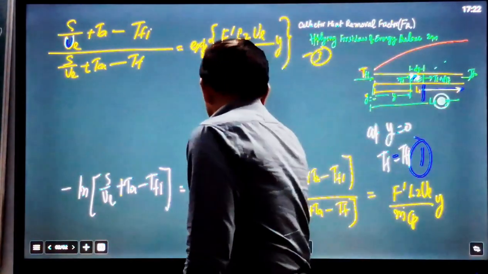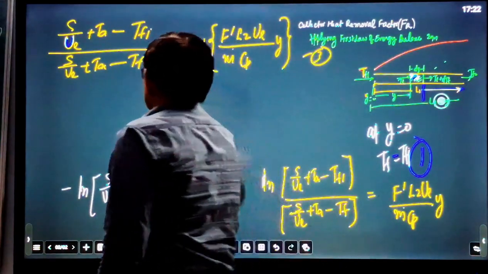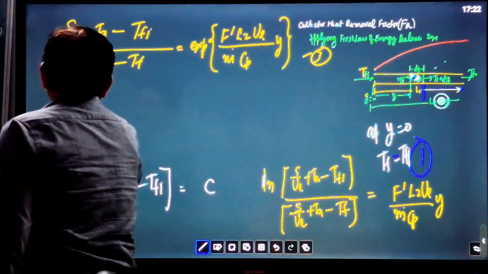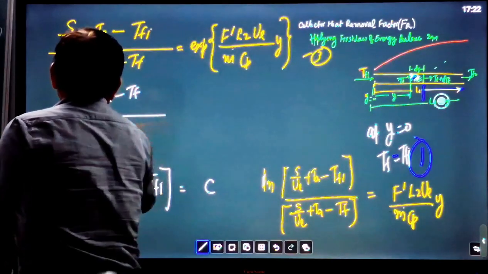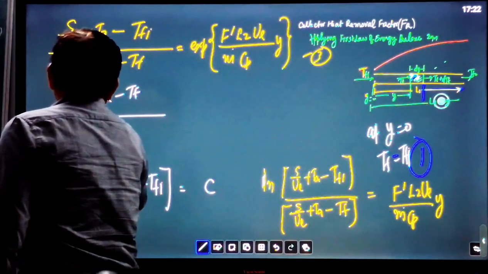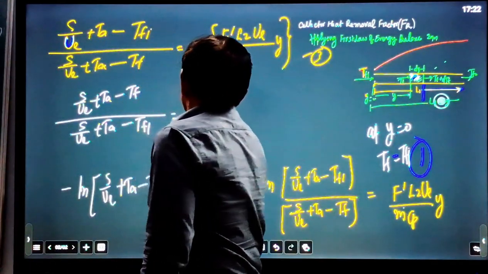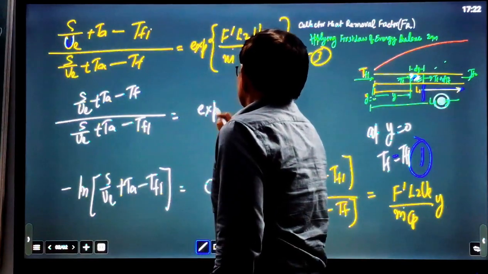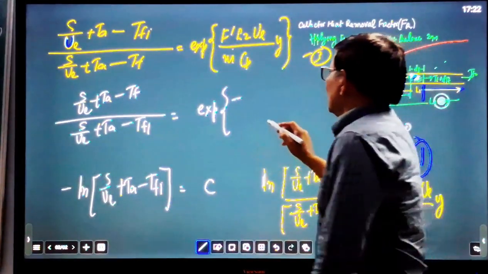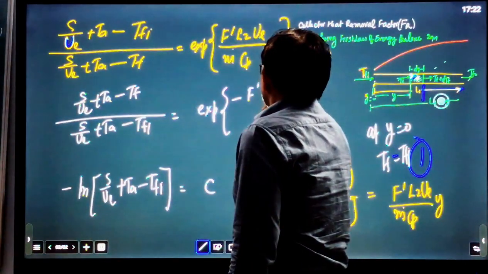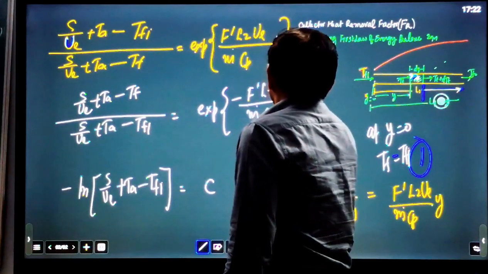Reversing this equation, (S/UL + TA − TF)/(S/UL + TA − TFI) equals exponential of minus F' L2 UL/(m dot Cp) into y.